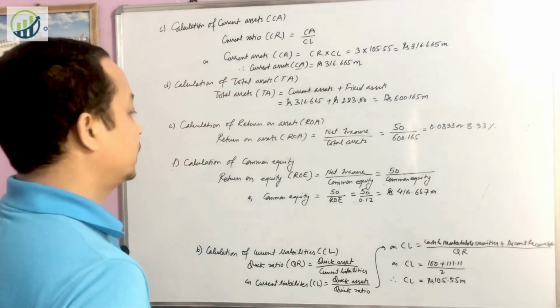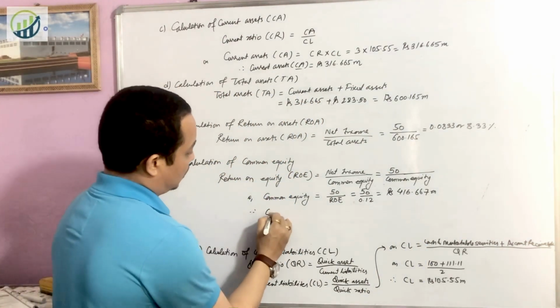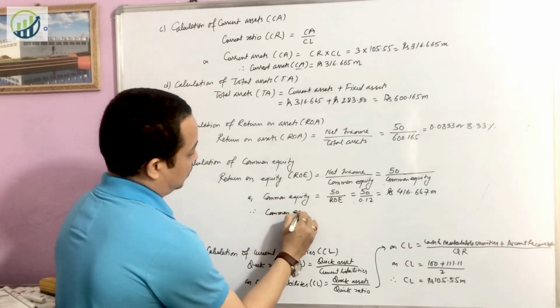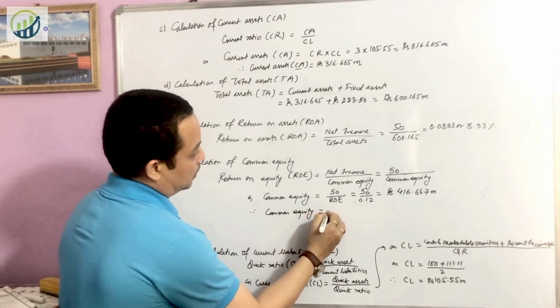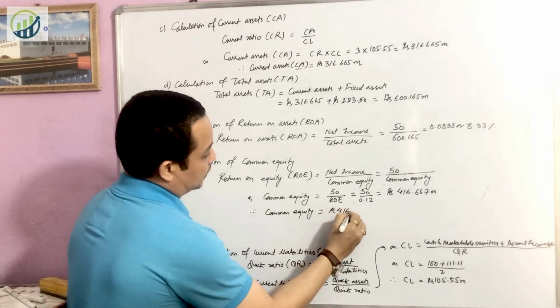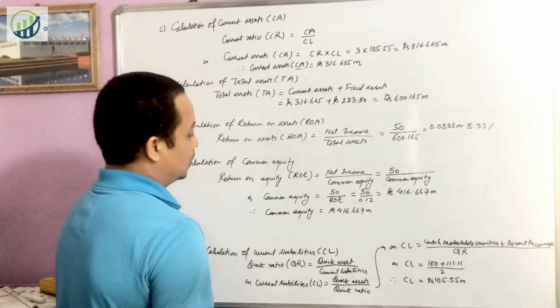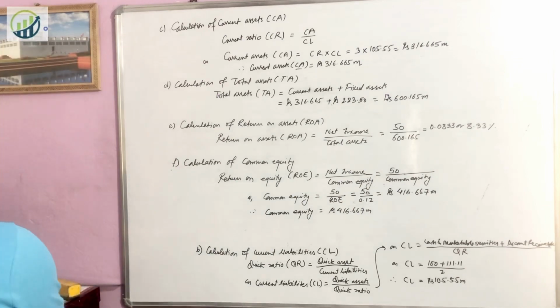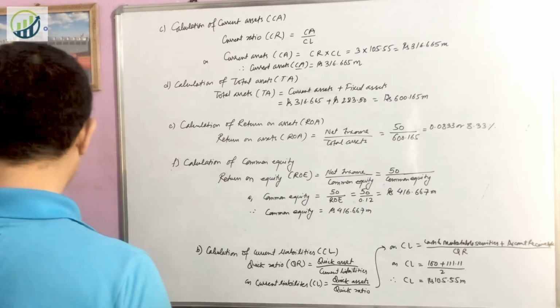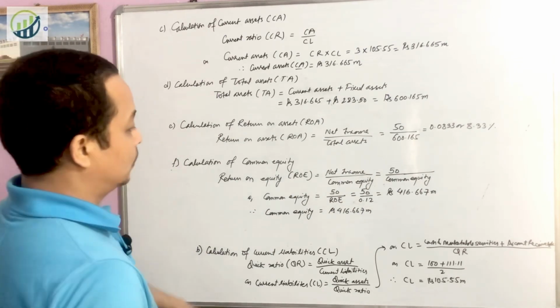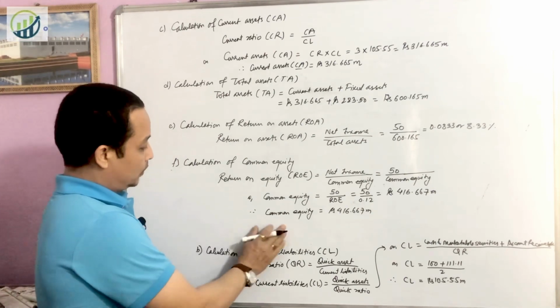Okay, so therefore common equity is rupees 416.667 million. After you find the common equity, next you have to find the long-term debt. Long-term debt is asked in the question.